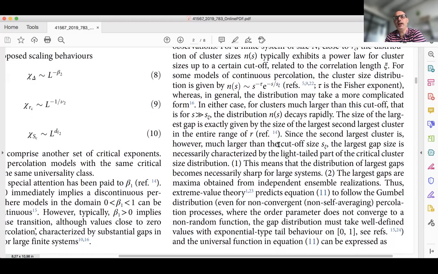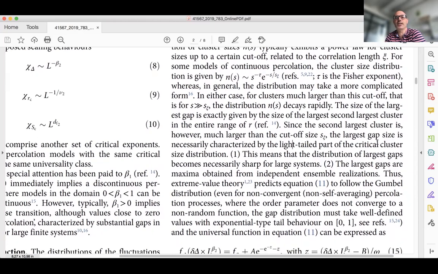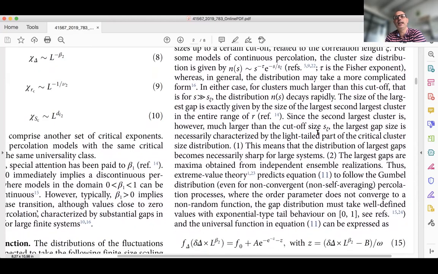Meaning if you look at the second largest cluster, you know how big it can be, and it's quite limited. Since the second largest cluster is, however, much larger than the cutoff size, the largest gap size is necessarily characterized by the light-tailed part of the critical cluster distribution.